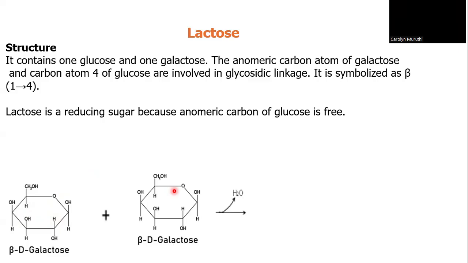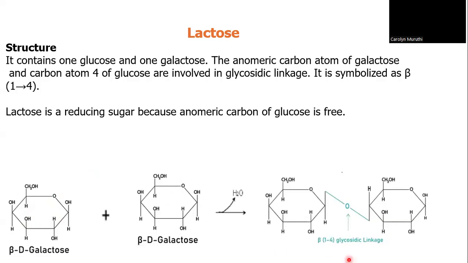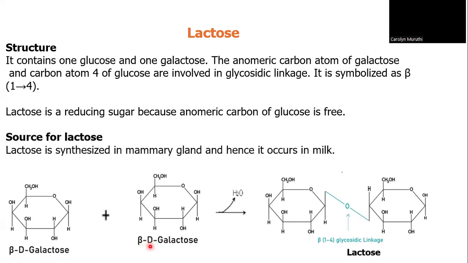And therefore, lactose is a reducing sugar because we see that the anomeric carbon of glucose is free to form an aldehyde in solution. And so this is the linkage we're talking about, beta-1,4 glycosidic linkage. Why beta? Because galactose is the one which is giving us the first carbon. The source of lactose is milk, which is synthesized in the mammary gland.